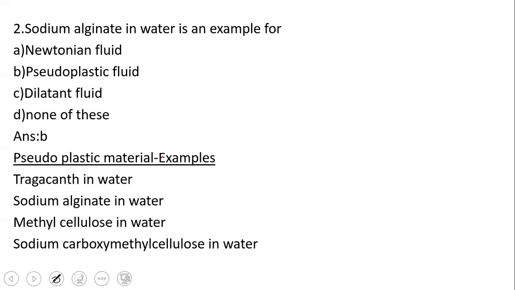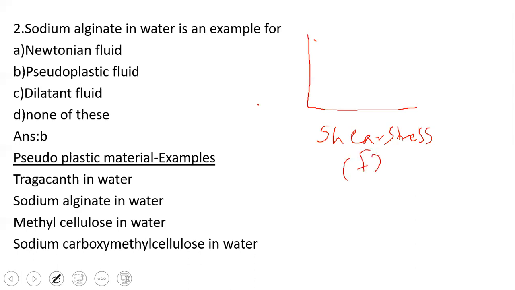So we have seen Newtonian fluids. In the first question, we saw examples of Newtonian fluids are water, castor oil, ethyl alcohol, etc. When we plot a graph with shear stress F on the x-axis and rate of shear G on the y-axis, we get a straight line for Newtonian fluid.